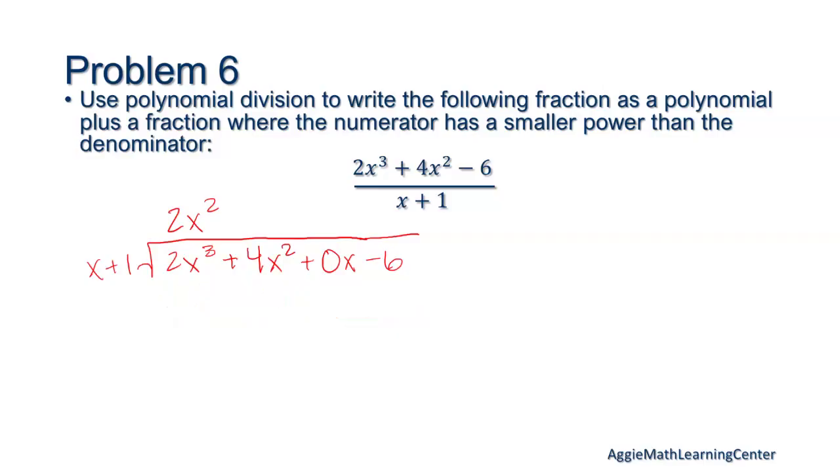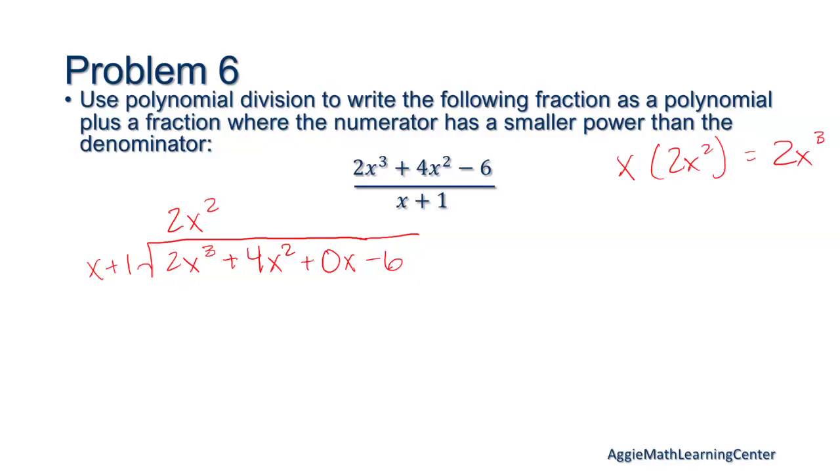Very first thing, we're going to take that 2x squared, because we figured that x can go into 2x cubed 2x squared times. And we know that because x times 2x squared gives us 2x cubed. So that's where 2x squared comes from.